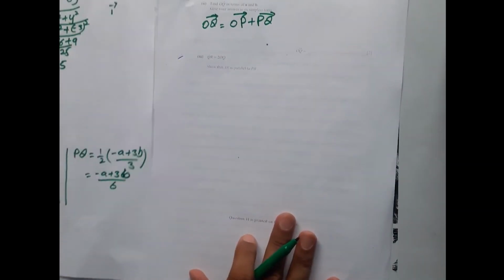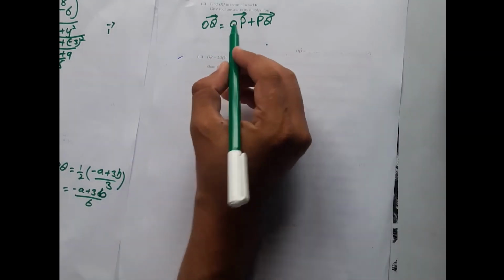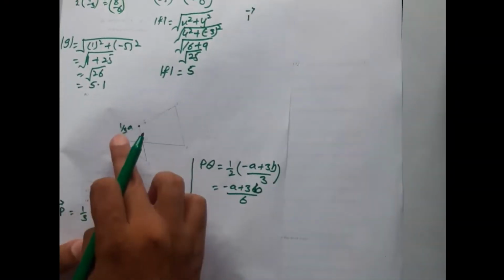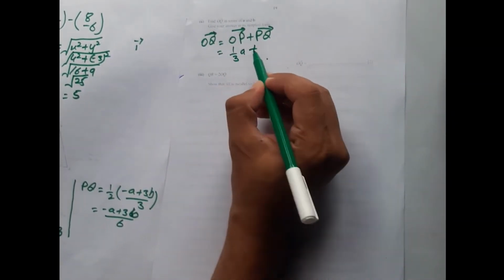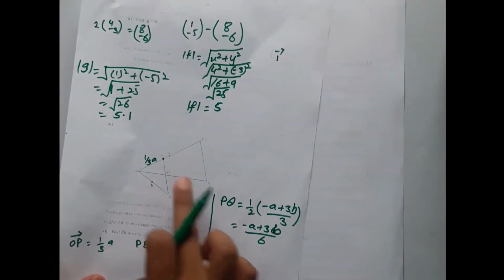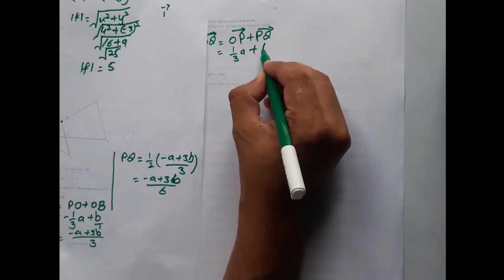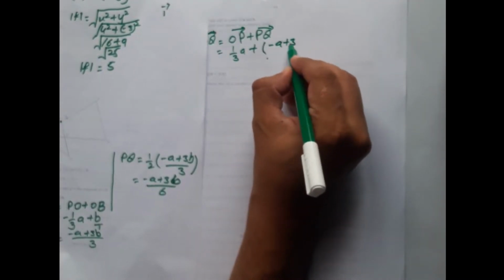But now we have to find OQ. OP is 1 over 3 a, plus PQ, which is minus a plus 3b over 6. We will use the bracket for that.